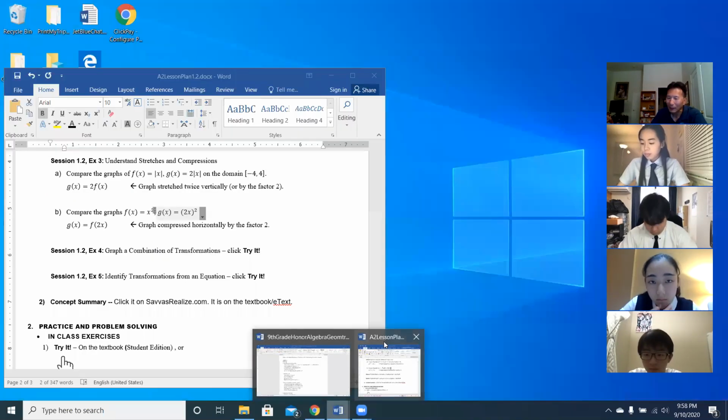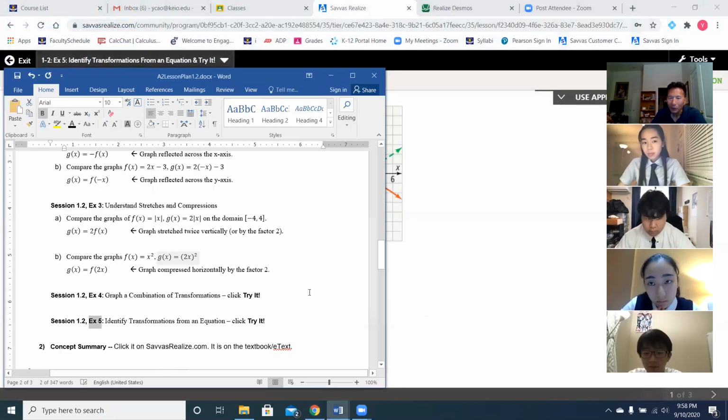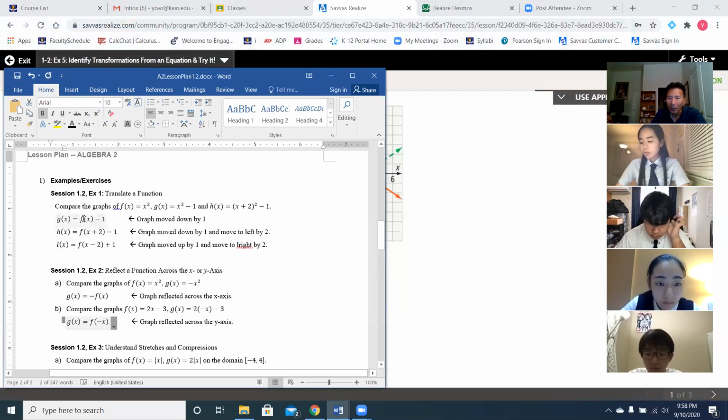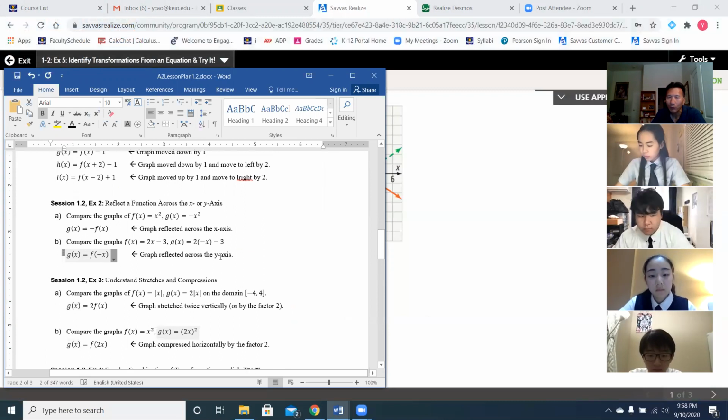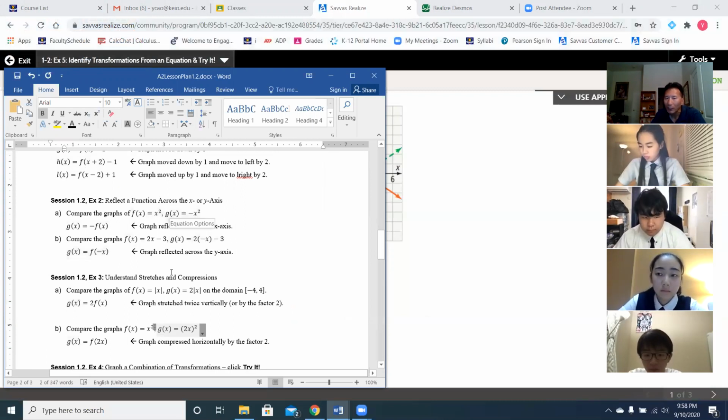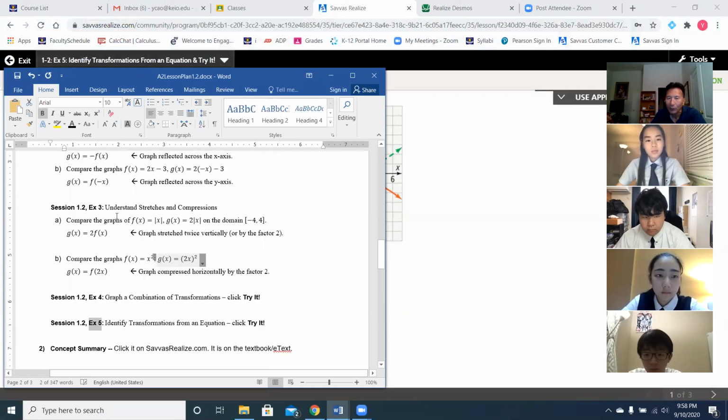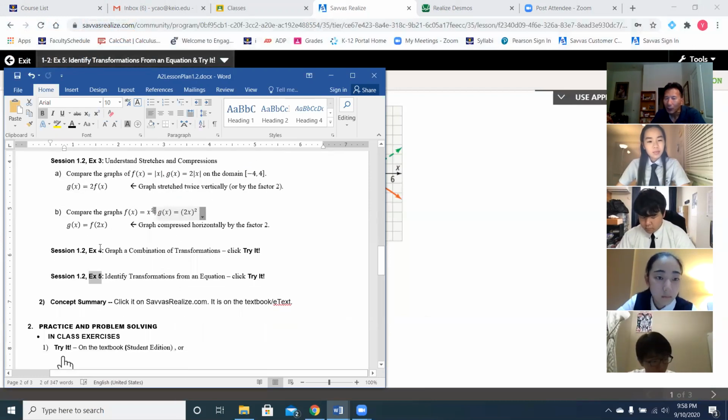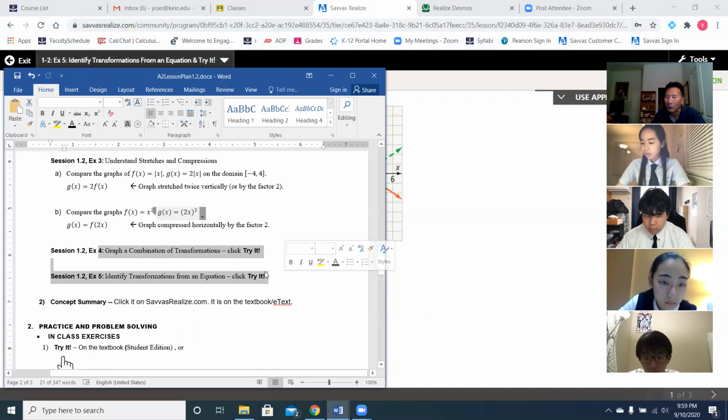So let's see what we talked about today. We talked about a horizontal move or vertical move. Then we talked about a flip over across the x-axis or y-axis. Then we talked about stretching or compressing vertically or horizontally. Then you did 2 exercises, and some of you were able to give us the correct answer.